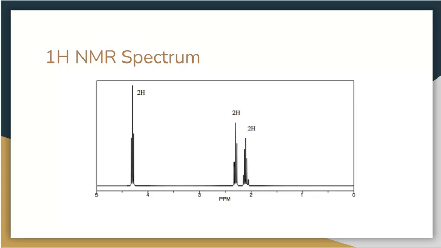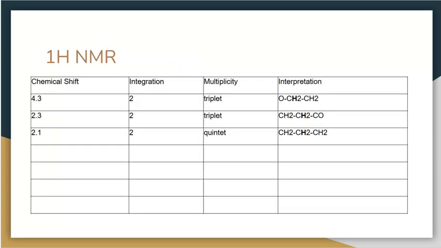Let's use the proton spectrum to see if we can confirm it and give us the general idea of how it should look. We see a total of 3 different hydrogen environments in the spectrum with an integration ratio of 2 to 2 to 2. This means that each group of protons has 2 hydrogens. The signal at 4.3 parts per million shows 3 lines, which is called a triplet.